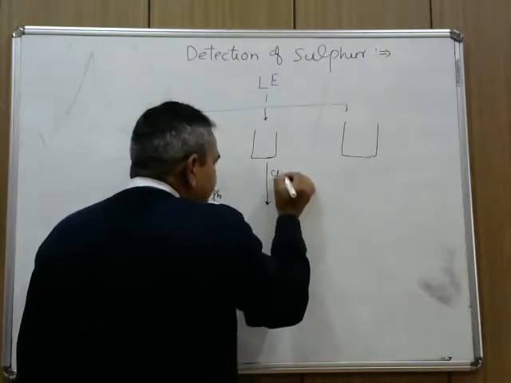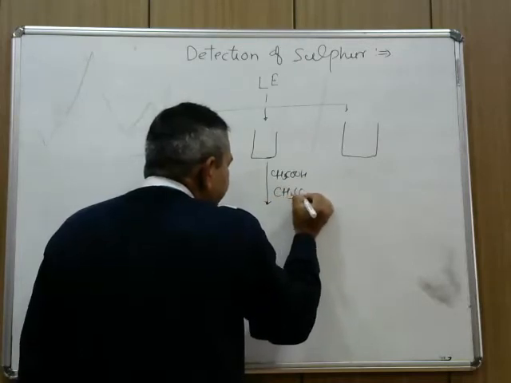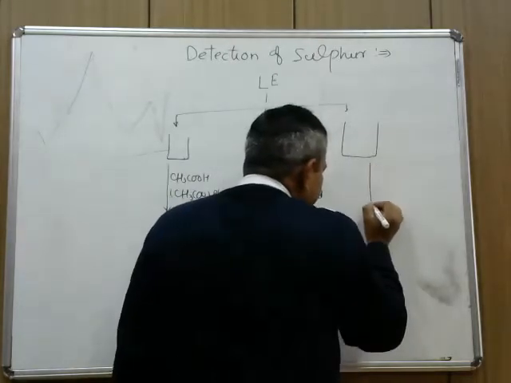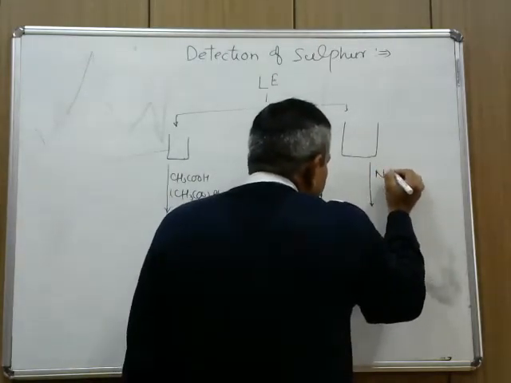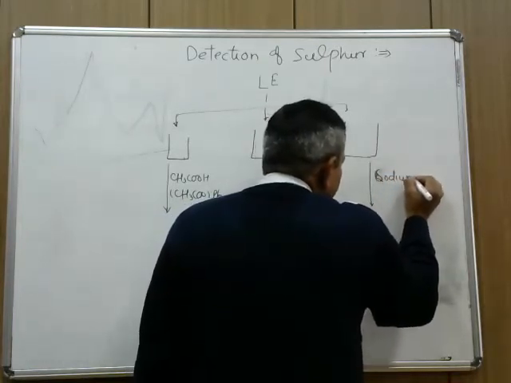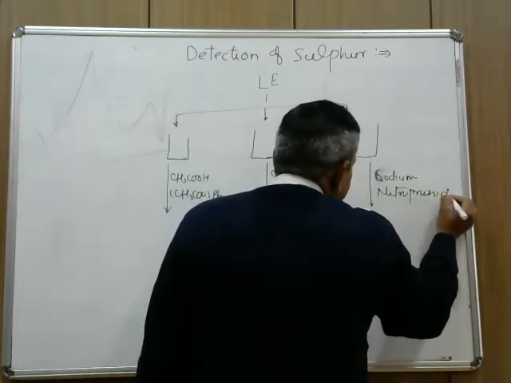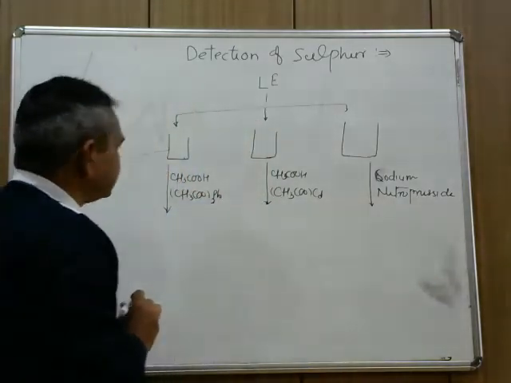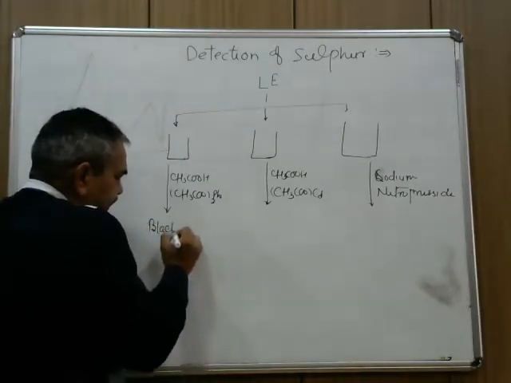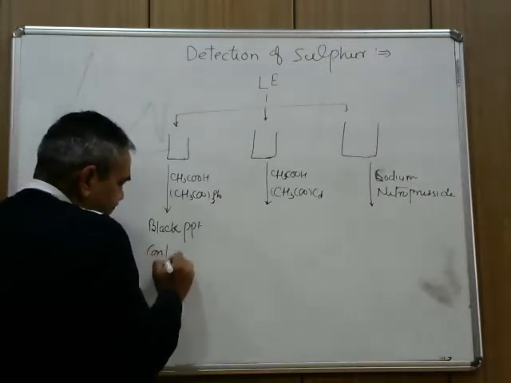To the next test tube acetic acid and cadmium acetate is added, and to the third test tube sodium nitroprusside is added. Now in this case, formation of a black precipitate confirms sulfur.